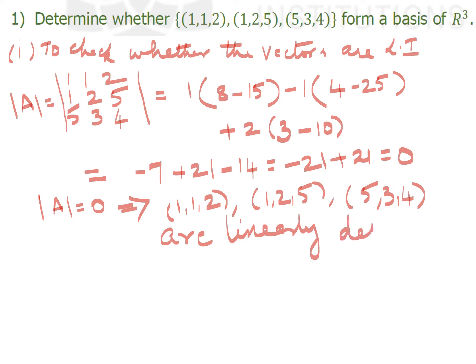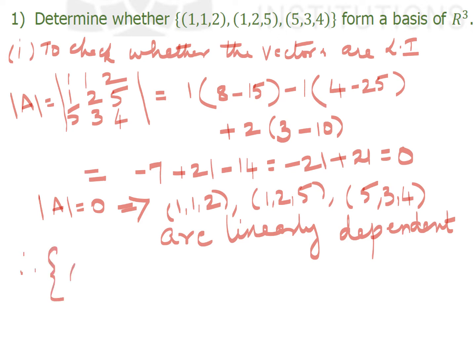are linearly dependent. So try to recall the condition. Whenever determinant A equal to 0, we say that the three vectors are linearly dependent. So the very first condition itself fails. Therefore, it cannot form a basis.